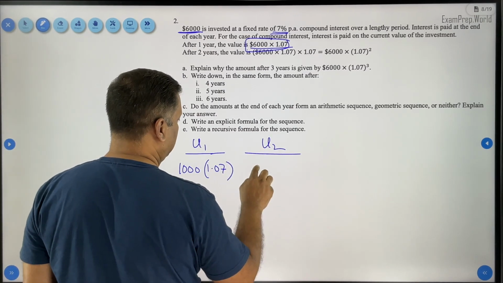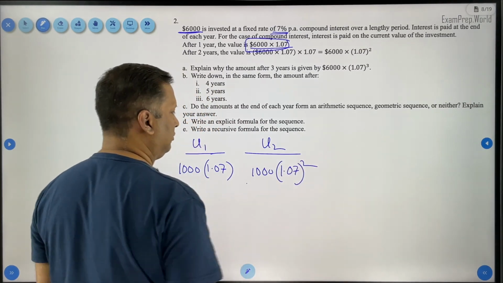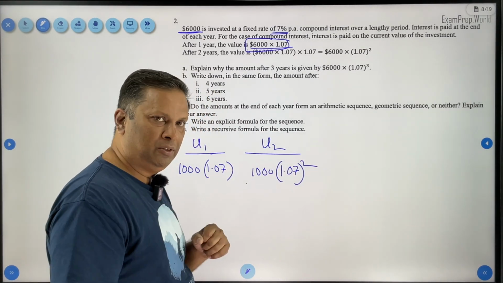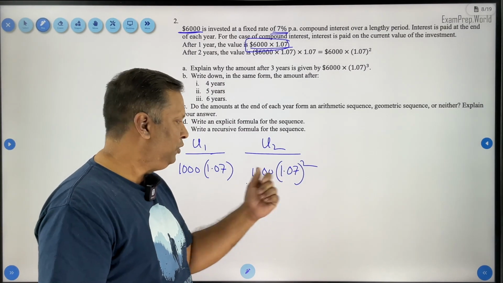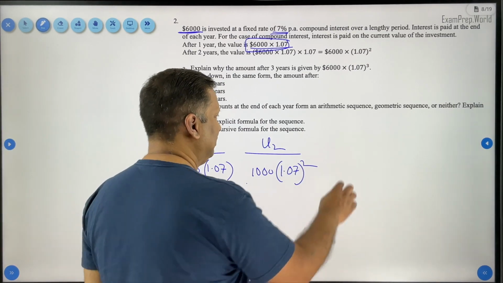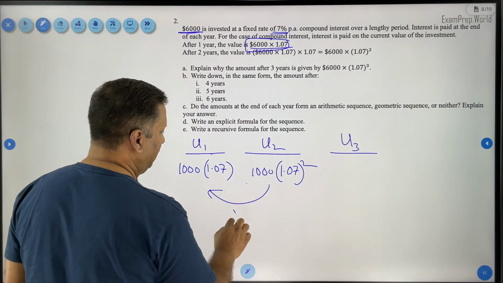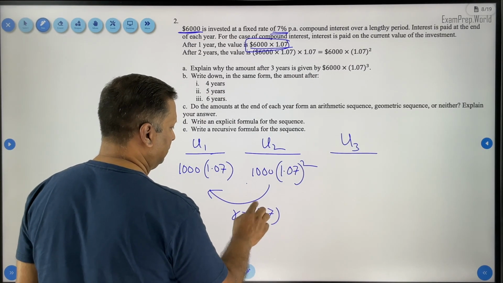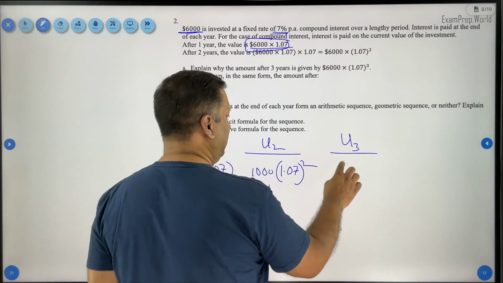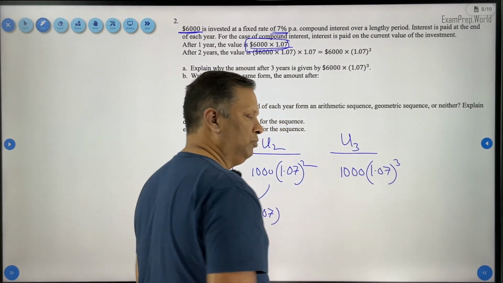U2 is 6,000 times 1.07 whole squared. Since it is a geometric sequence, U2 divided by U1 is how much? 1.07. Therefore, for U3, once more we have to multiply by r. R is 1.07, and this you multiply to the second term to get the third term. Therefore, it is 6,000 times 1.07 whole cubed.